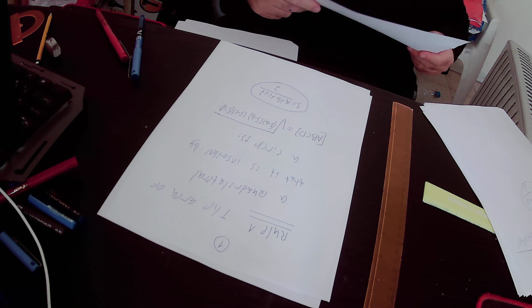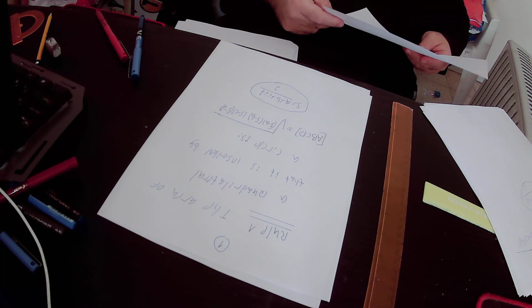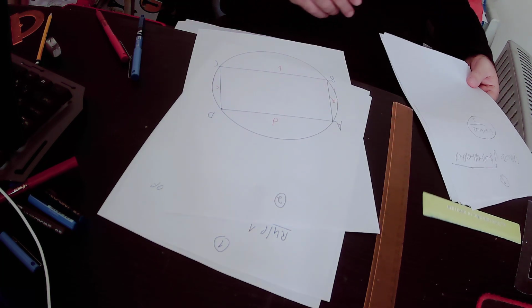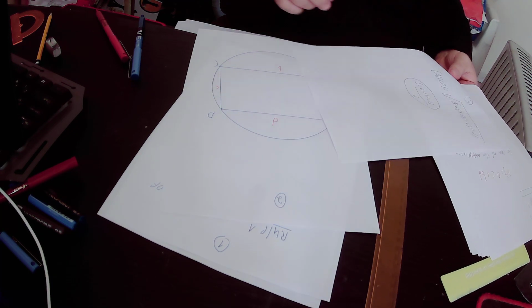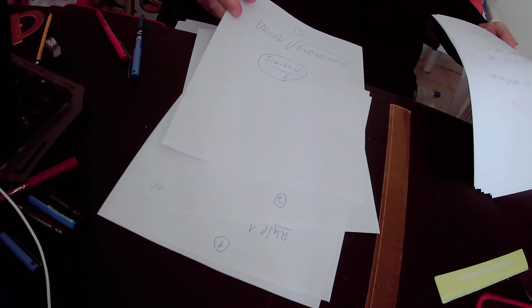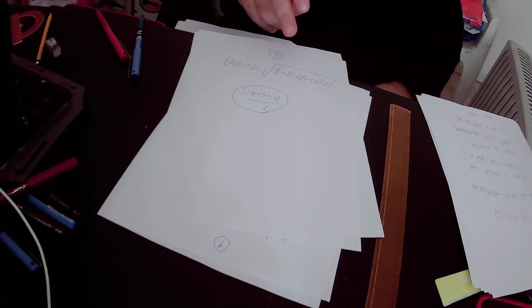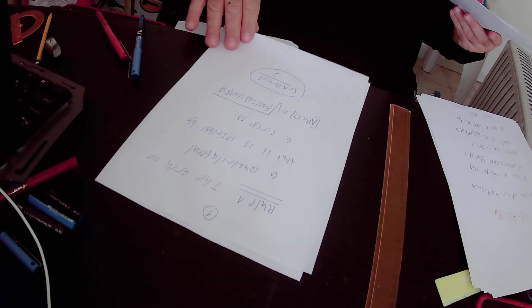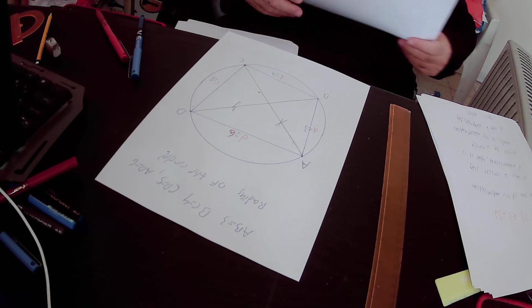So the area of our quadrilateral ABCD equals exactly the same expression. So that is rule number 1, and we also have rule number 2.